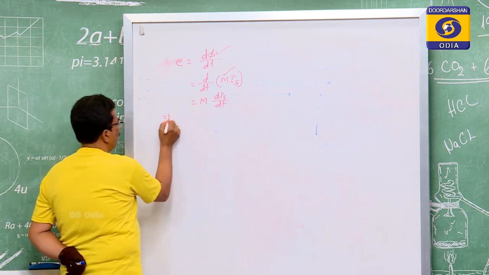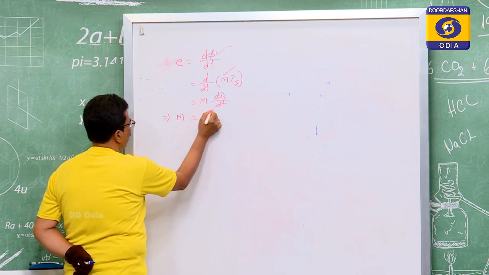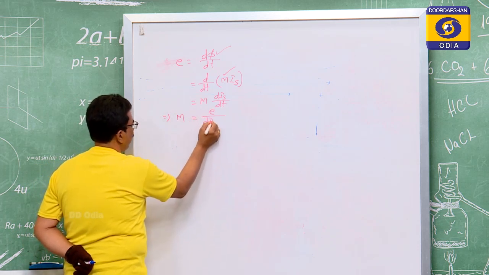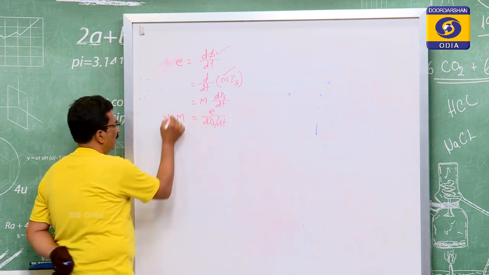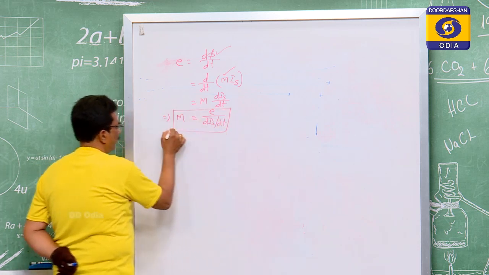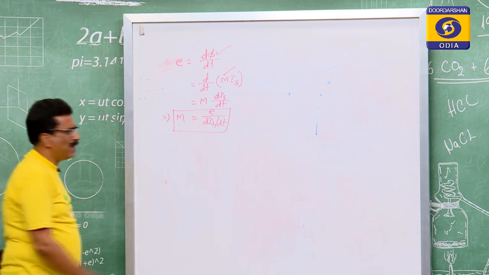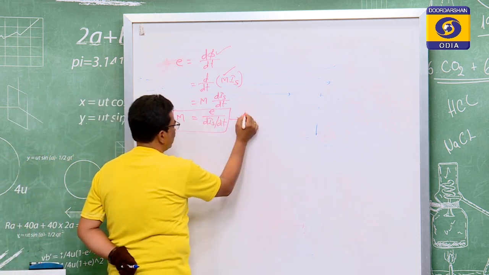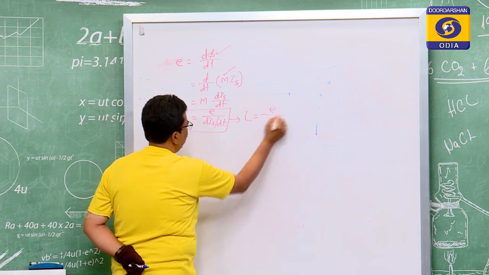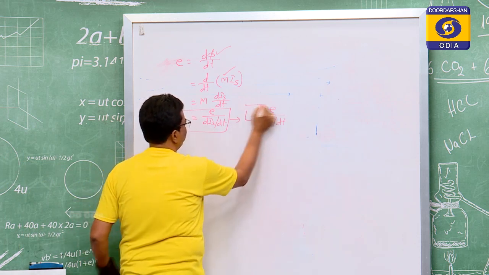If this is dIs by dt, then M is equal to E by dIs by dt. This is for the mutual case. But for the self induction case, L is equal to E by di by dt.